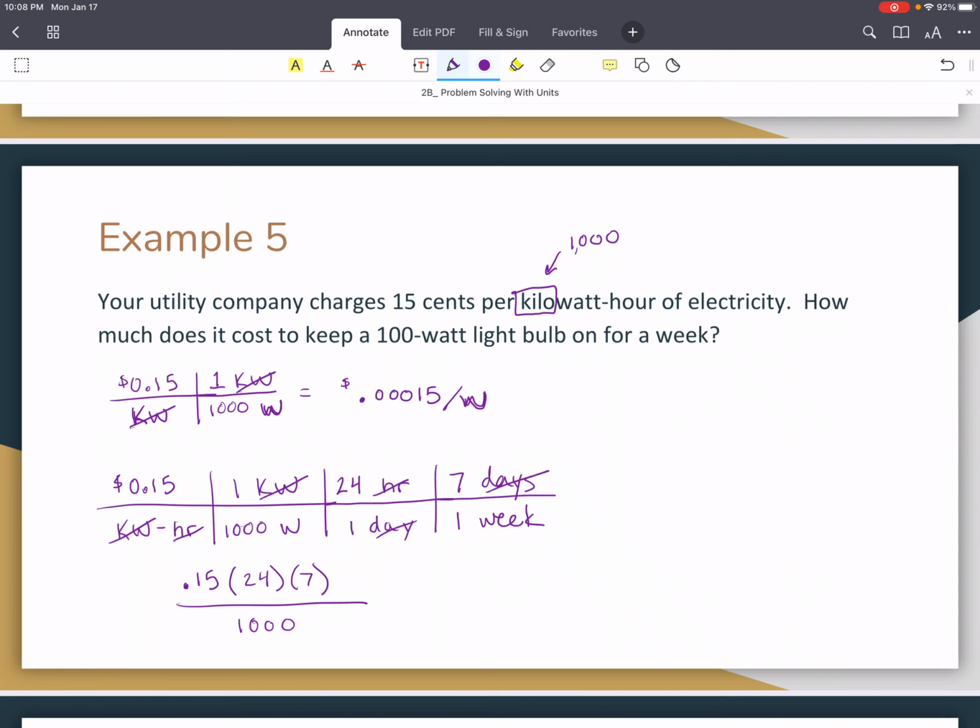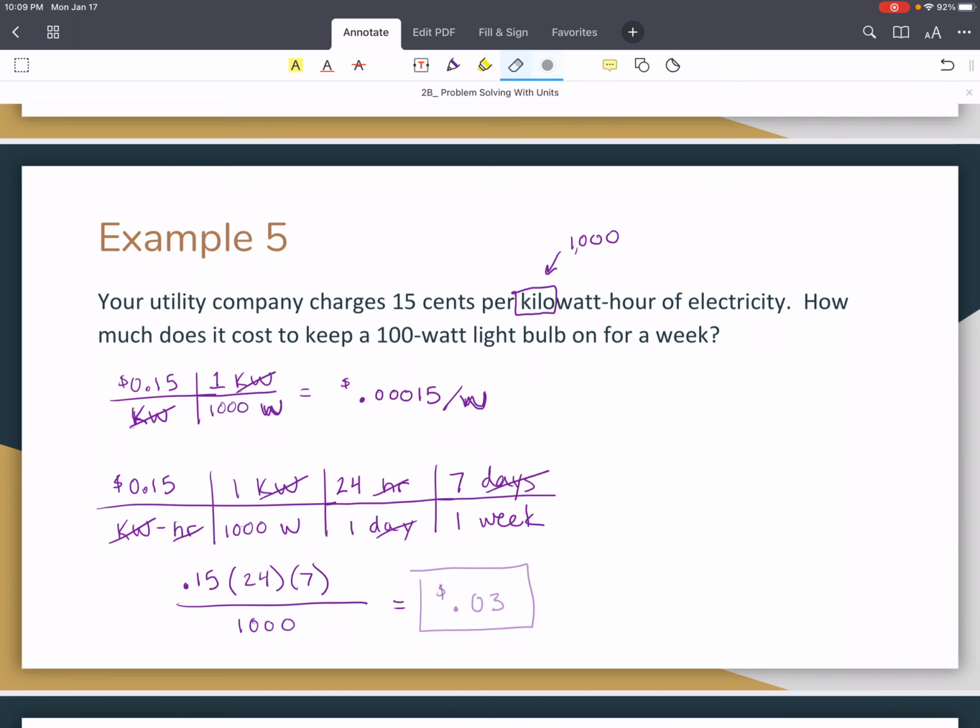So .15 times 24 times 7 divided by 1,000. Wow, that is cheap. But it's a 100 watt light bulb. And we just did it.